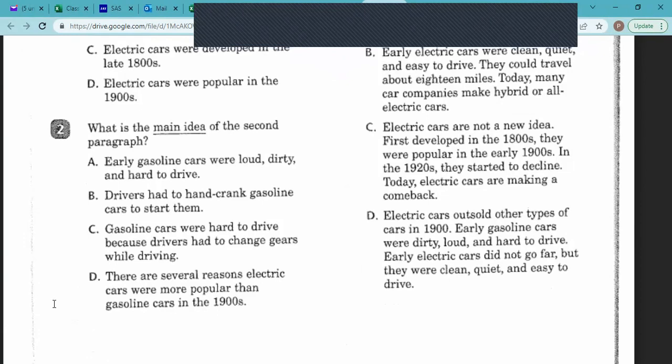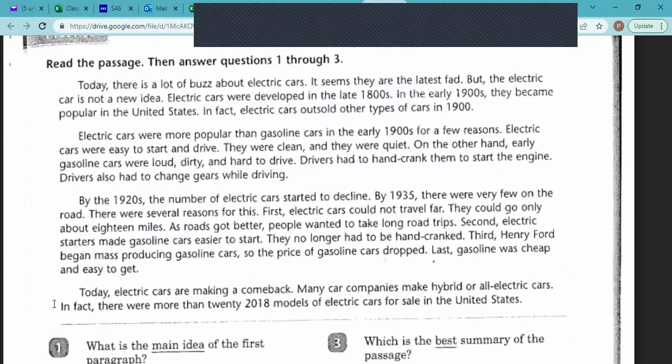Now, if we go back and look at the second paragraph, you're going to notice that that is the first sentence of paragraph number 2. The rest of that paragraph is giving you examples and reasons.